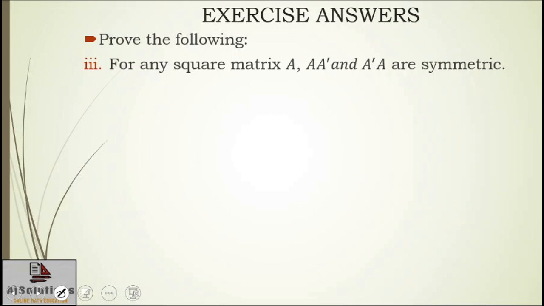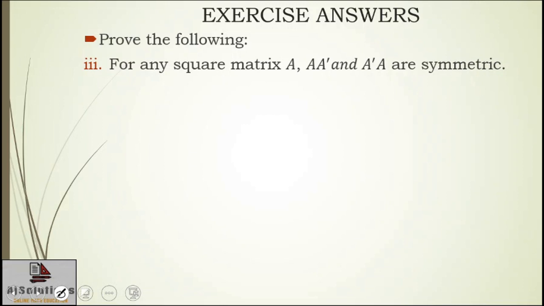So here is your next problem. You have to prove that for any square matrix A, A into A transpose and A transpose into A are symmetric. I think we have done lots of proofs, and now you must be comfortable with those 5 steps.